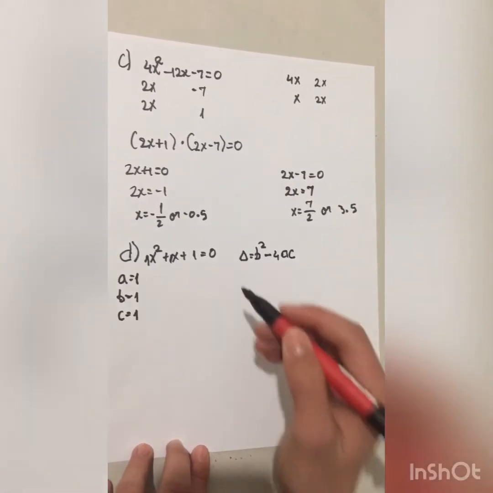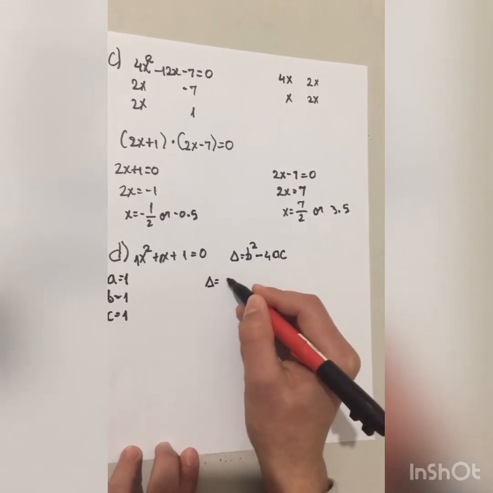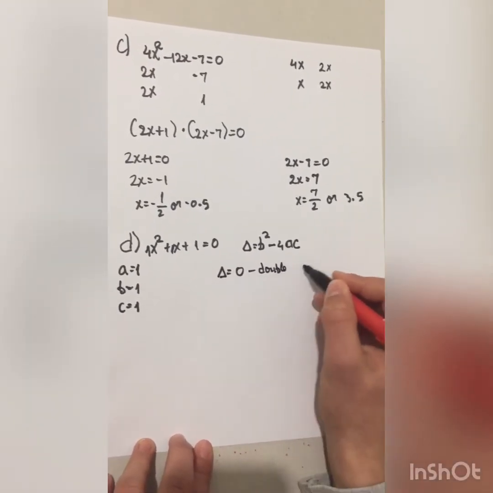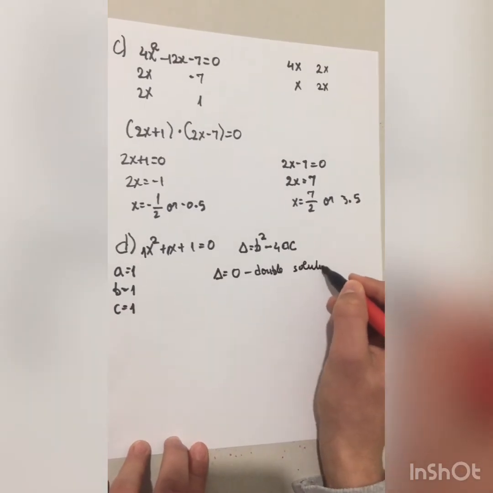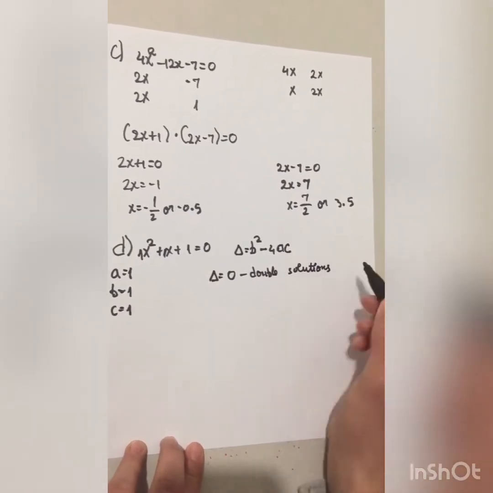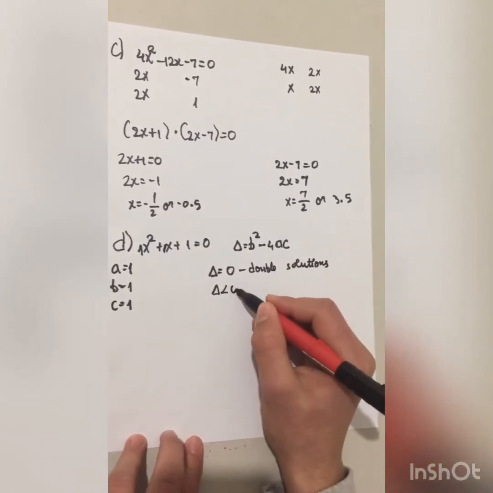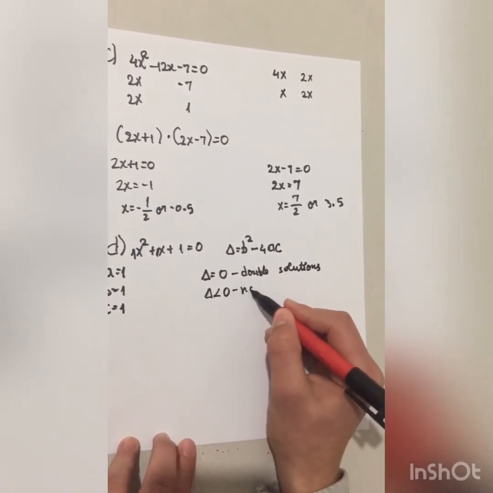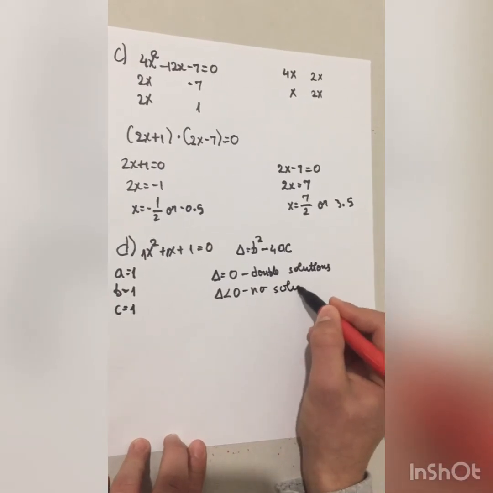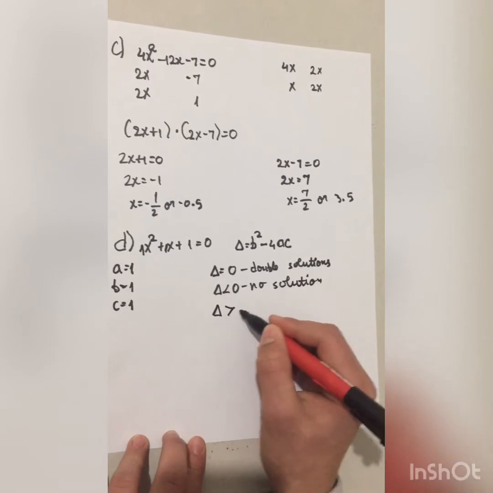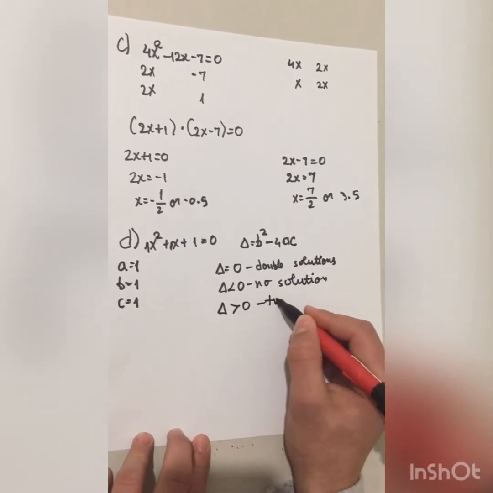If delta is equal to 0, we have double solutions, or same solutions. If delta is smaller than 0, it has no solution. And if delta is bigger than 0, it has two solutions.